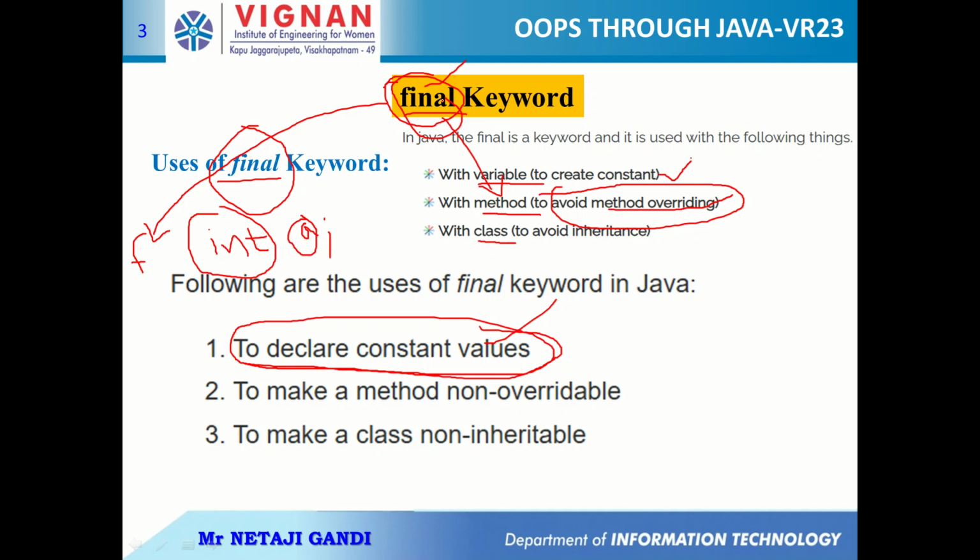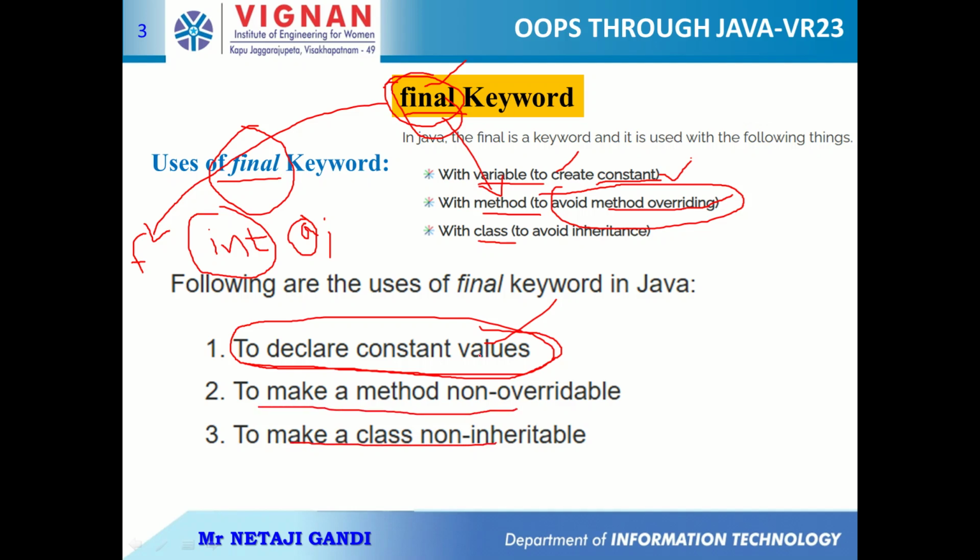The final keyword applied to variables creates constants. Applied to methods, it avoids method overriding. And applied to classes, it avoids the inheritance concept. So these are the three important features of the final keyword.